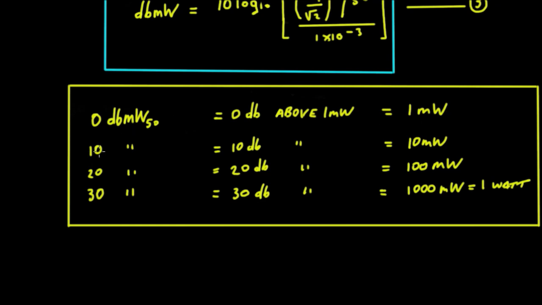Or 10 dB milliwatts into 50 ohms would be 10 dBs above 1 milliwatt, which is times 10, so 10 milliwatts. And 20 dB milliwatts into 50 ohms would be 20 dBs above 1 milliwatt, 20 dBs is times 100, so it'll be 100 milliwatts, and so on and so forth.